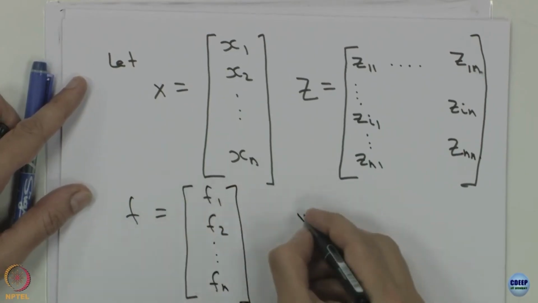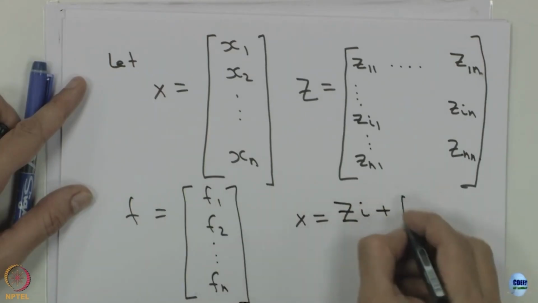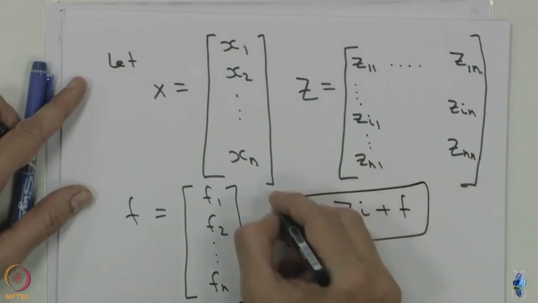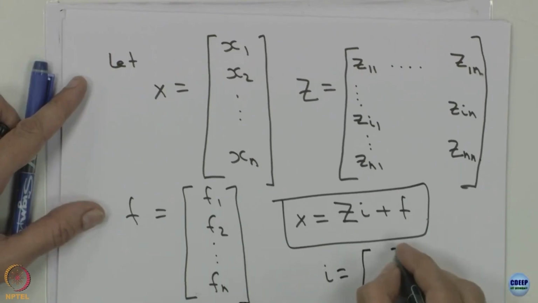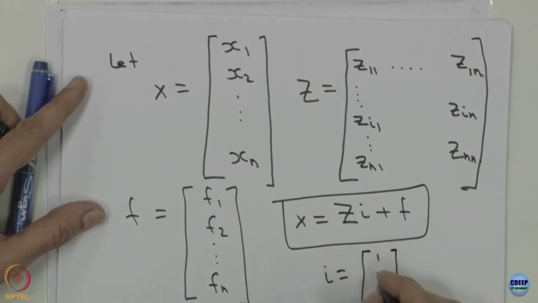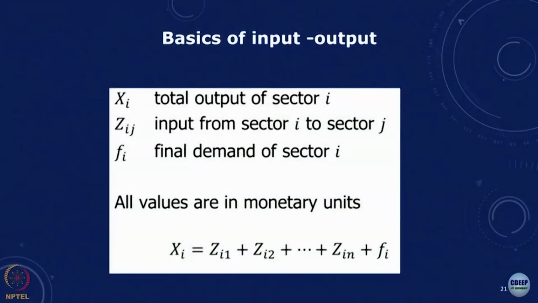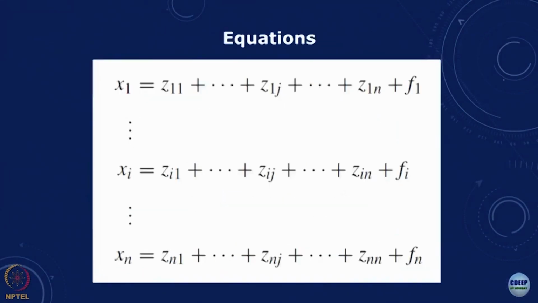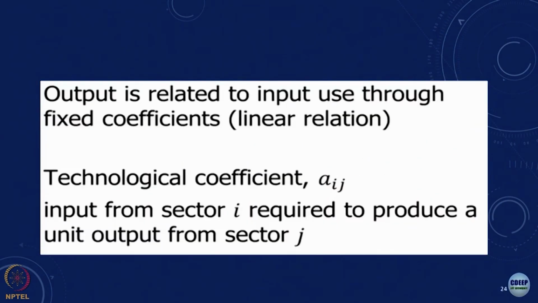This can be written as x is equal to zi plus f, where i is a column matrix with 1, 1, 1, 1, all the identity one value. So this is the way in which we can write this. We can also see these are the equations which are there, and these are the values.